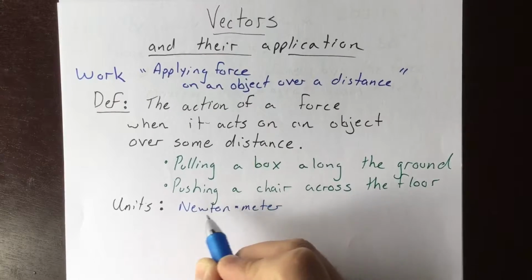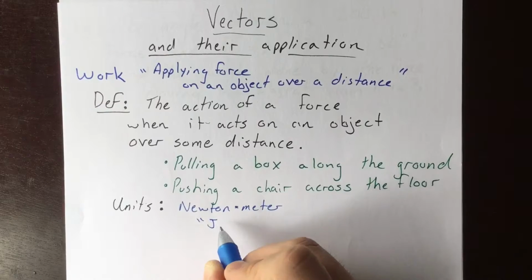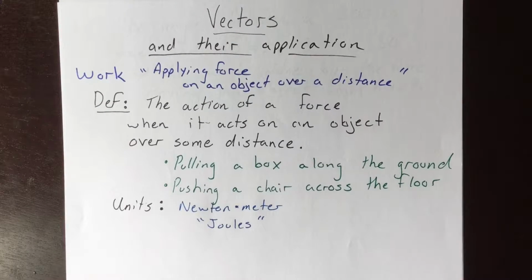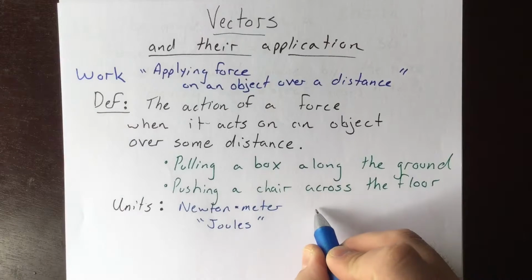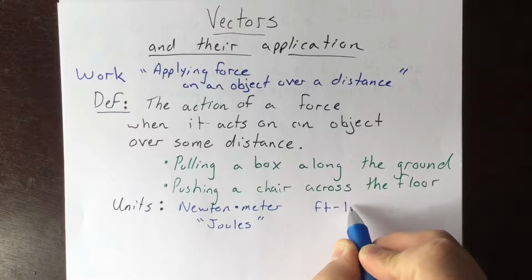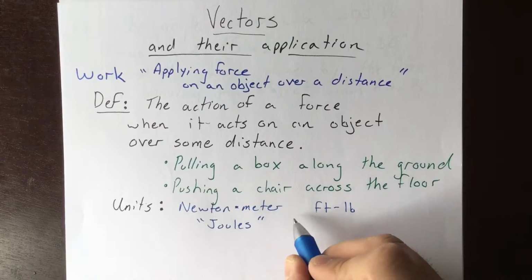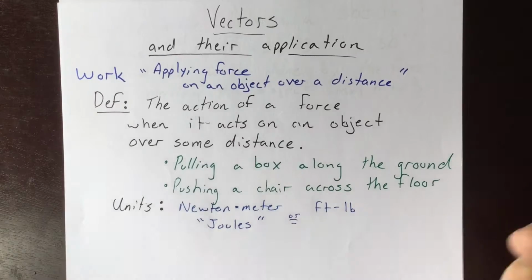But it takes up its own name. So rather than say a Newton meter, we say joules. Joules of work. And then alternatively, we have a foot pound. I know it's minus, but it's just a dash. So we have foot pound as well. So two different types of units for work.